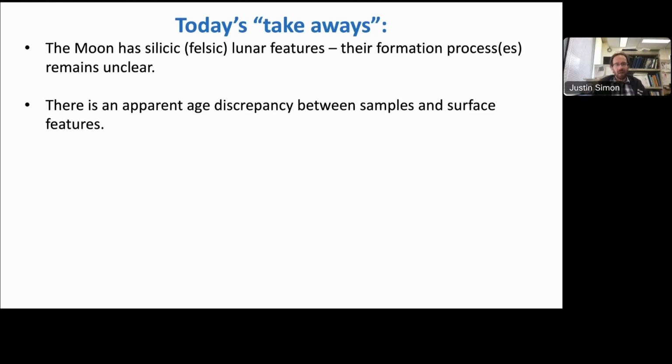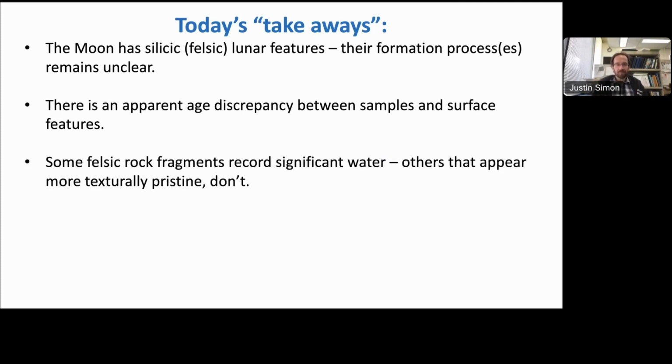And I haven't talked about this yet, but there is an apparent age discrepancy between the ages derived from samples and those derived from the silicic surface features. This is something I think is underappreciated. And then, based on the samples that my group has worked on and others as well, but primarily I'm going to talk about the ones my group has worked on.